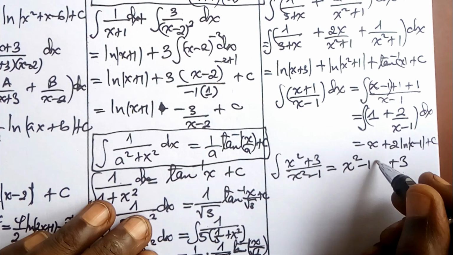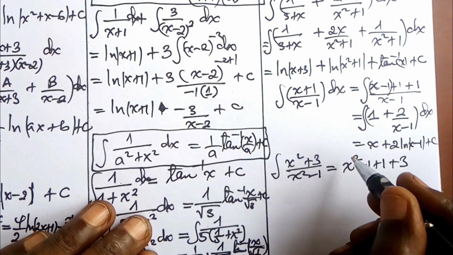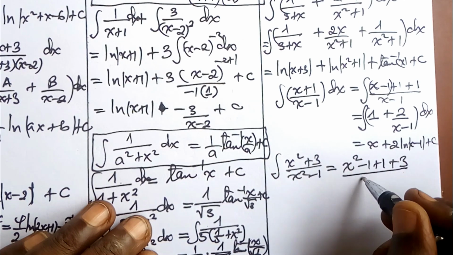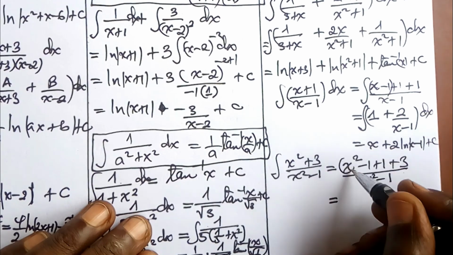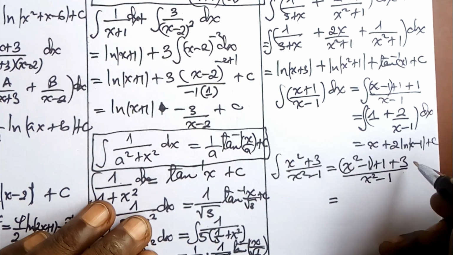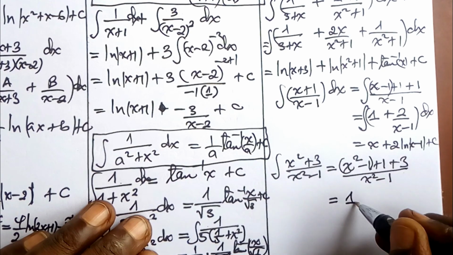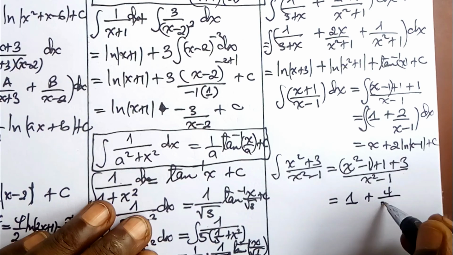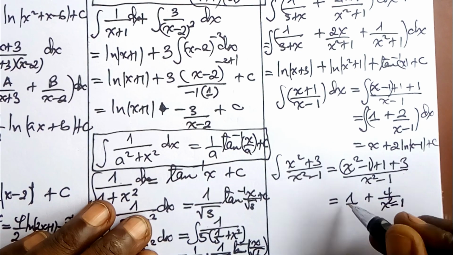I will put -1 plus 1, neutralize it so that it gives back what was at the numerator, all over x squared minus 1. From there, I group the term that is down, which will be maintained, then I simplify what is on that side. So I get 1 plus 4 all over x squared minus 1.